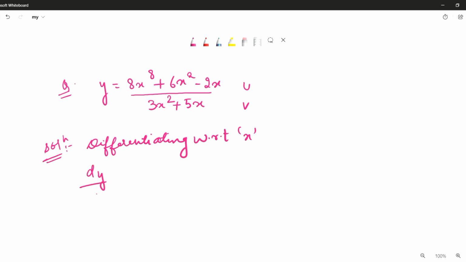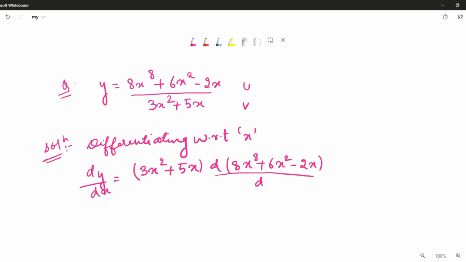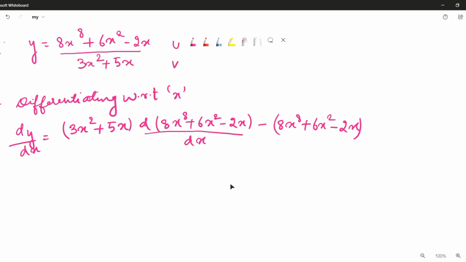dy by dx equals, now v will be constant, v is 3x square plus 5x, differentiating u, that is 8x to the power 8 plus 6x square minus 2x, then again u will be constant, 8x to the power 8 plus 6x square minus 2x, then we will differentiate v.